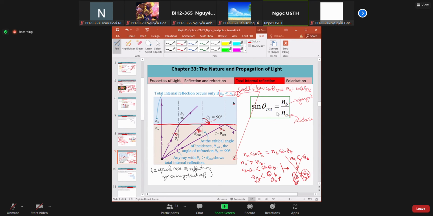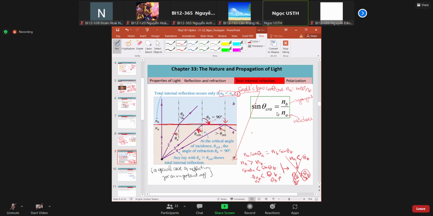The angle here we call the critical angle because it's important. This angle just needs to be higher than this, then you will have this happen. Here is a total internal reflection.